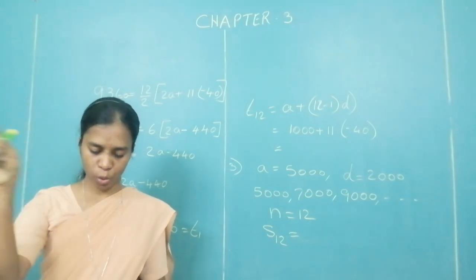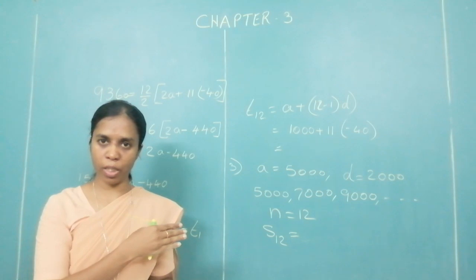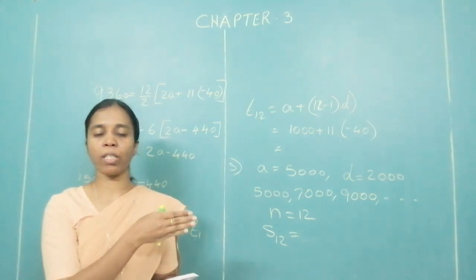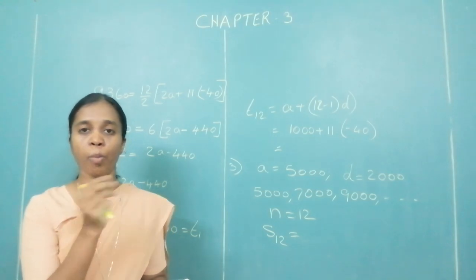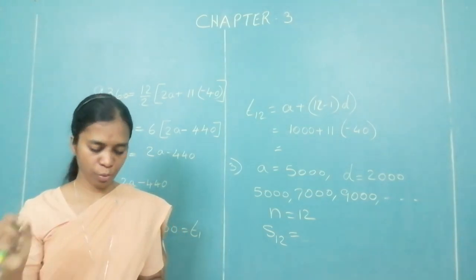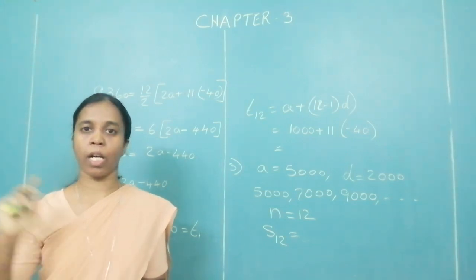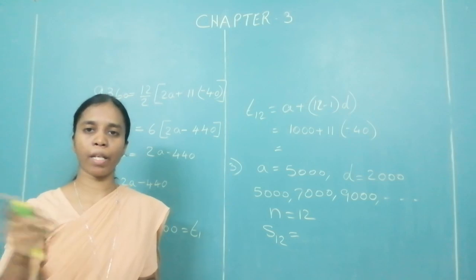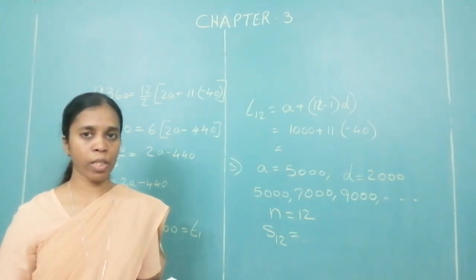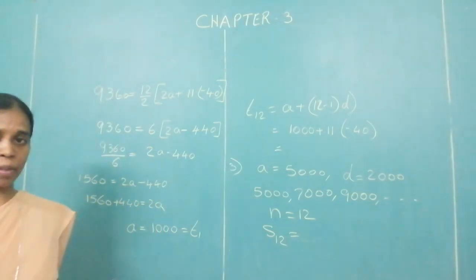And in each row, the first one there are 20, 22, 24, 26. Okay, so they are asking you how many are there in the 15th row. What are you supposed to find out? T15. And then also find the total seats. How many seats are there in the entire auditorium? So what are you supposed to find out? S27. Now look at what is given to you. Read the question once again.